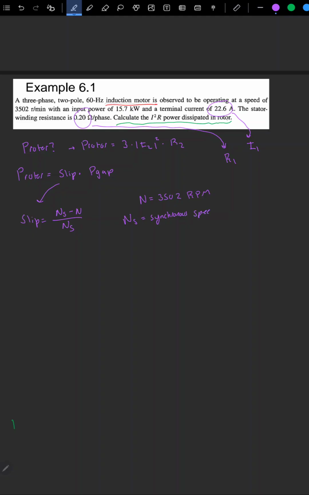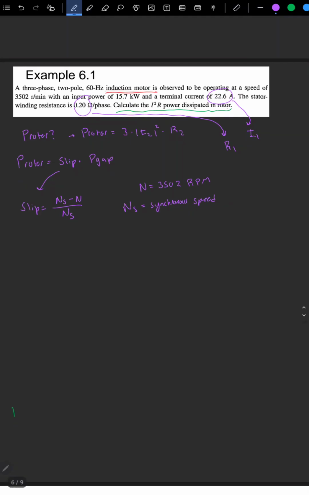NS is going to equal 120 times F over the poles, which we have. 120 times 60 divided by 2 is going to yield 3,600.